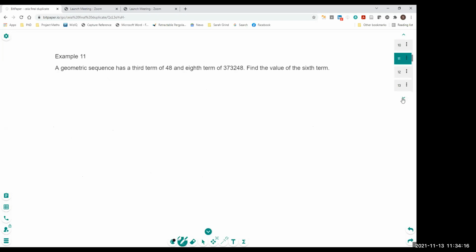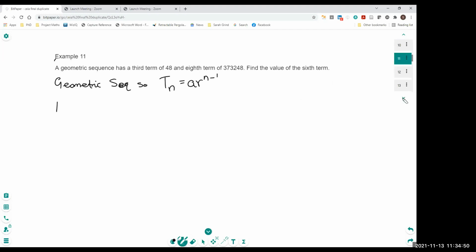Next example: a geometric sequence has a third term of 48 and an eighth term of 373,248. Find the value of the sixth term. So it's a geometric sequence, so we know t of n is equal to a r to the power of n minus 1.